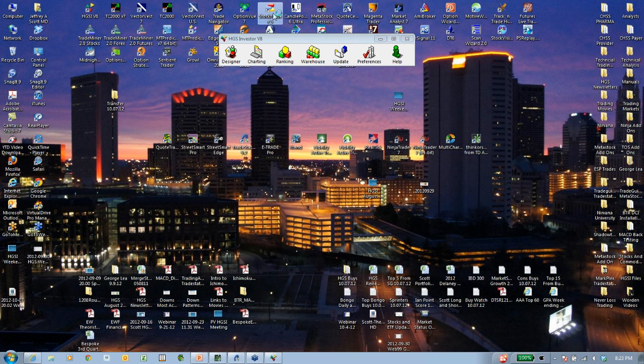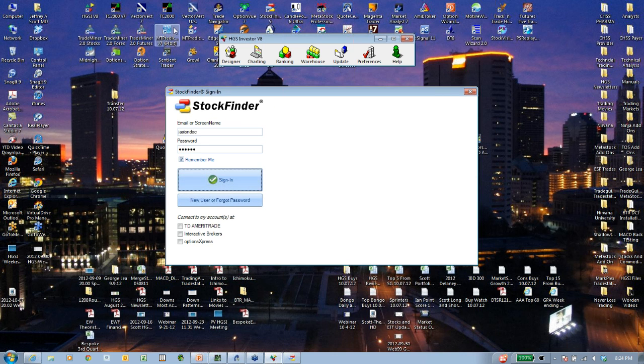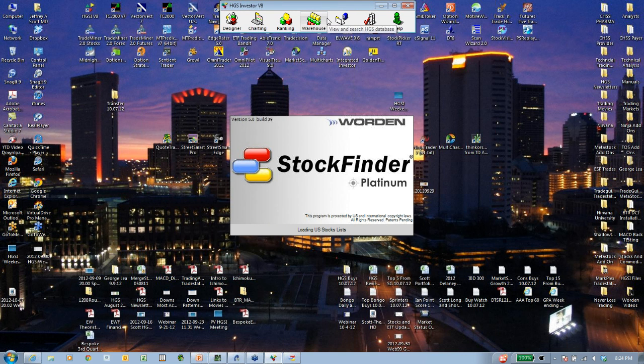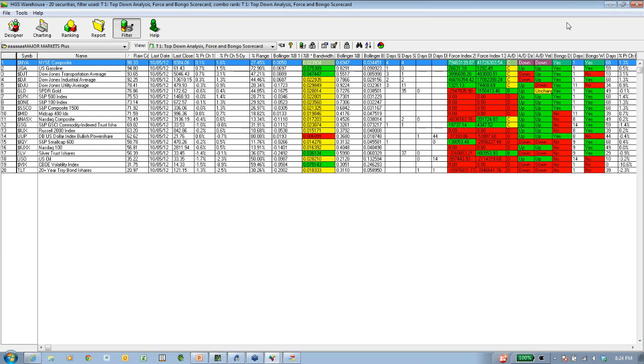So let me pull up my Stock Finder. One thing that really disappoints me is Worden apparently is no longer supporting Stock Finder. I guess the new version of TC2000, version 12.2, incorporates a lot of the same stuff. But I found this to be a very simple program for making my own indicators or my own scans and searches.